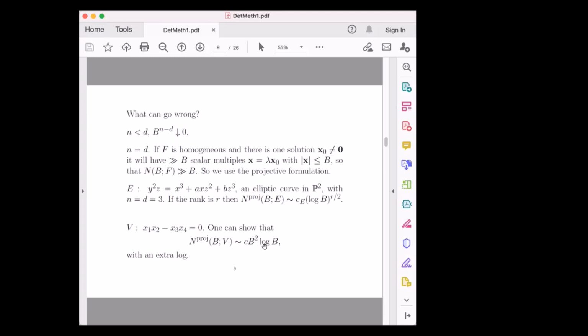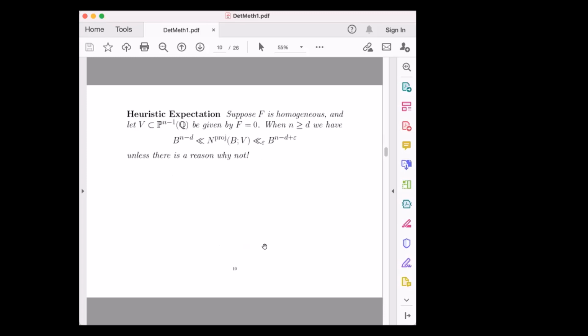Well, there's a soft way of getting around those difficulties. So let's revise the heuristic expectation. Suppose that f is now homogeneous, and let's have a projective variety V in n minus 1 space. That corresponds to f having n variables. So this is a hypersurface given by f equals 0.